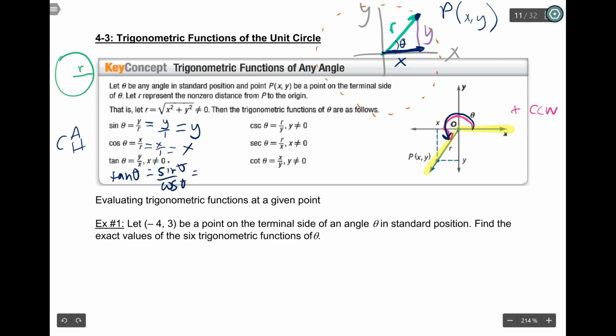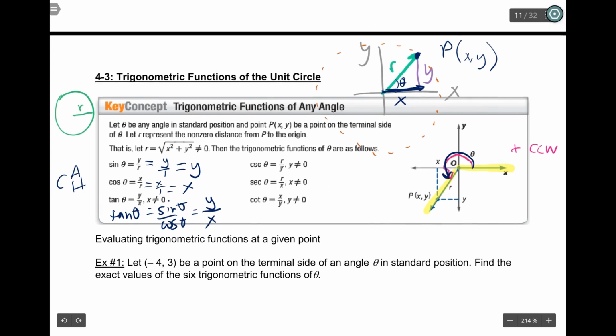And I just told you, when our radius is equal to 1, my sine is equal to y and my cosine is equal to x. Cool. So another way to write this point, if you have a unit circle, and unit circle means radius is equal to 1. This could be whatever unit you want it to be: 1 meter, 1 inch, 1 foot.